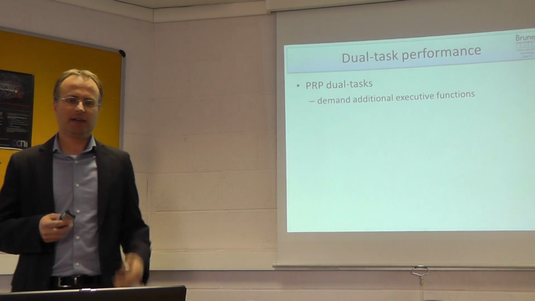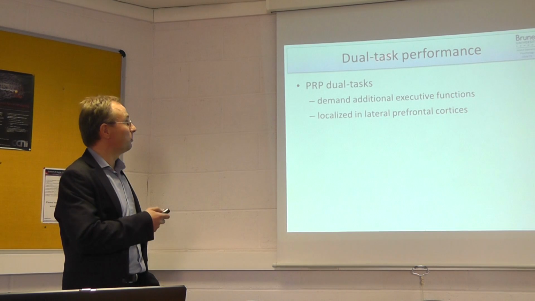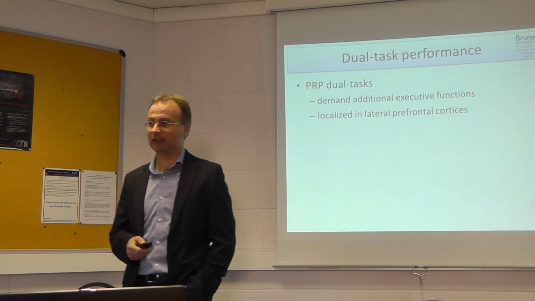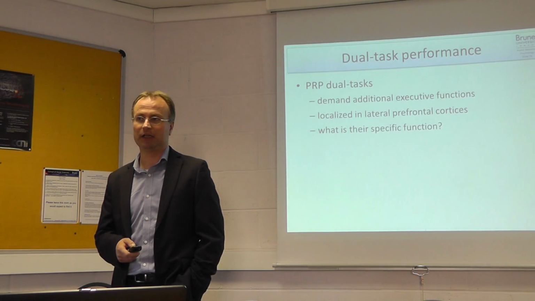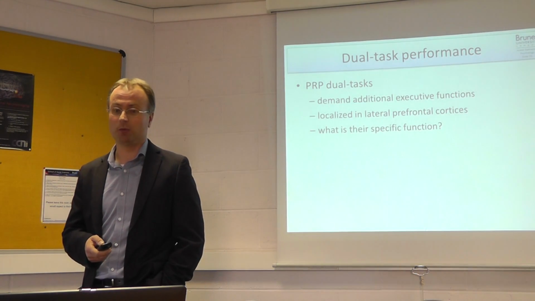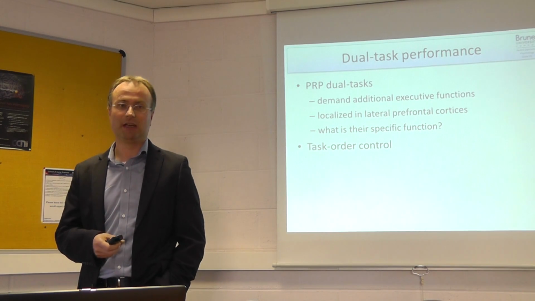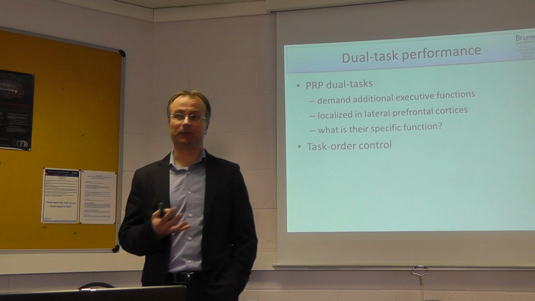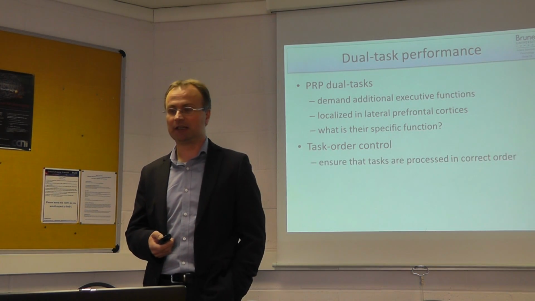Okay, then, so PRP dual tasks demand additional executive functions, and they are localized in the lateral prefrontal cortex. So then we went on asking what their specific function is. One thing we already mentioned is the control of the order in which the tasks are processed.